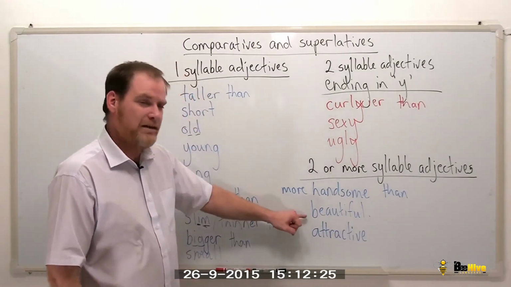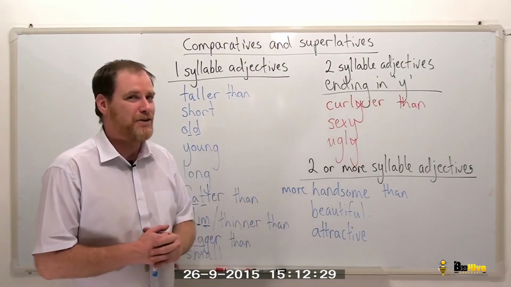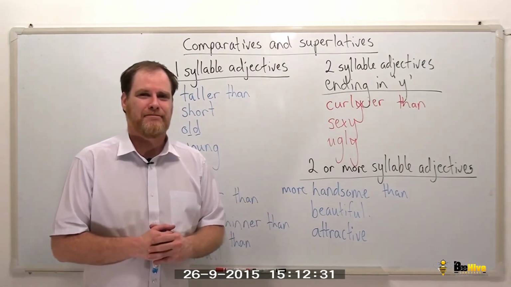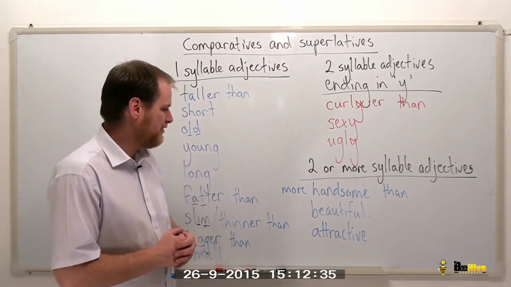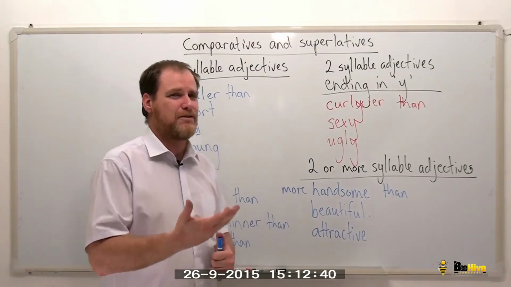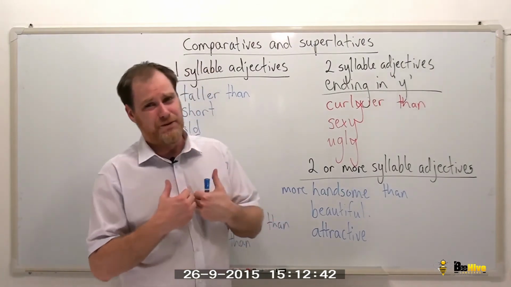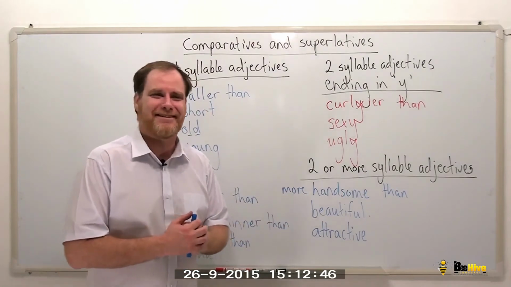So, can you make a similar sentence using the word beautiful? Have a try. Okay, great. Your sentence should be something like, I am more beautiful than my mother. Well, I'm not beautiful because I'm a boy, but just to give the example sentence.